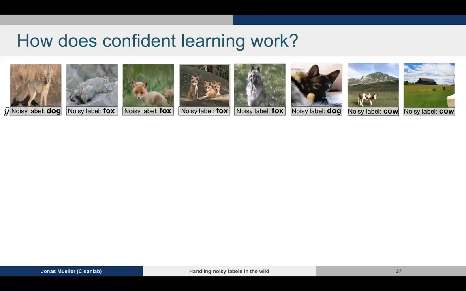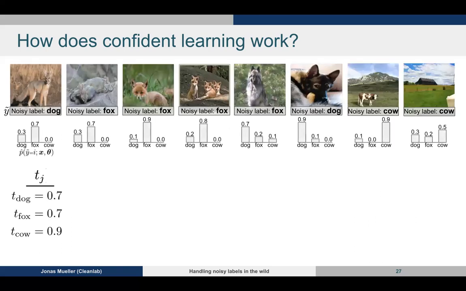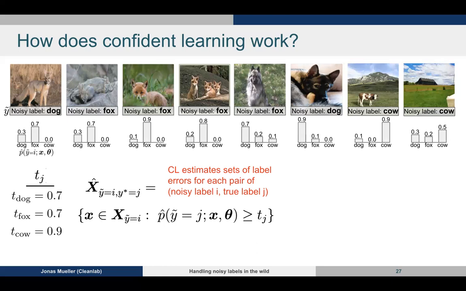And so just to give an example here, how confident learning will work is we're going to estimate a set of label errors for each pair of the noisy label and true label, to accumulate those counts that I just talked about in that matrix.